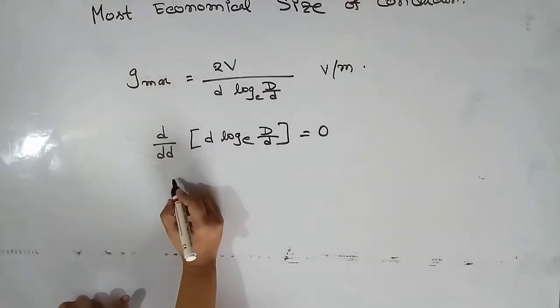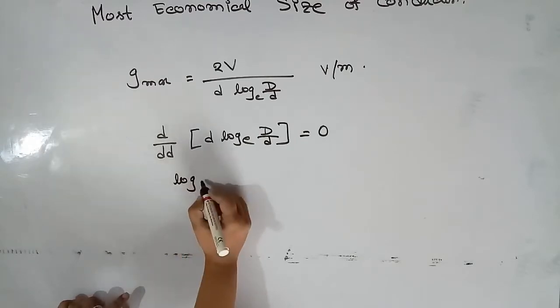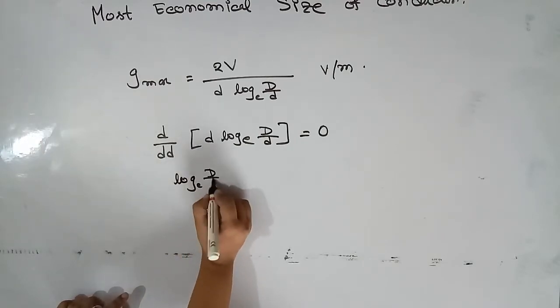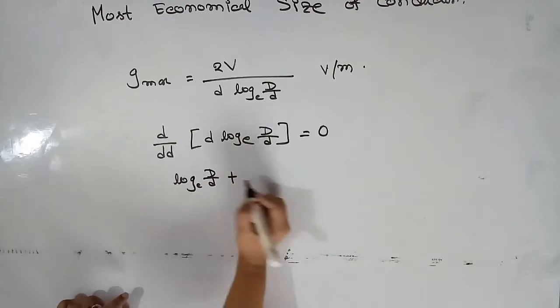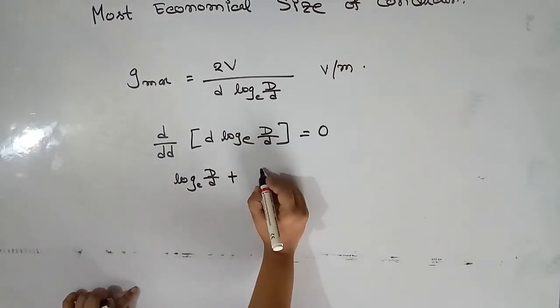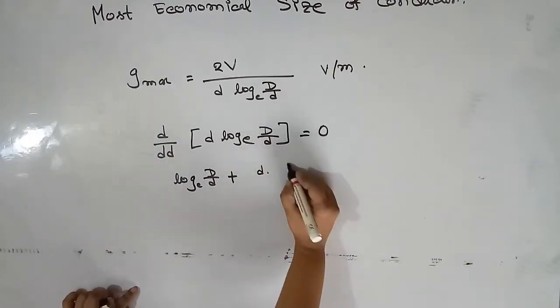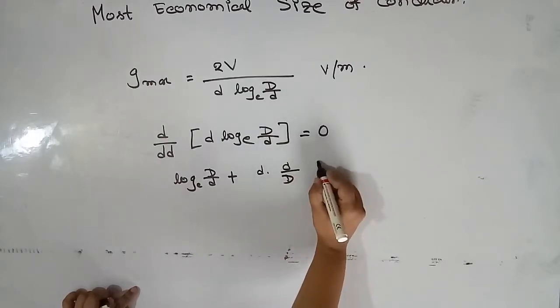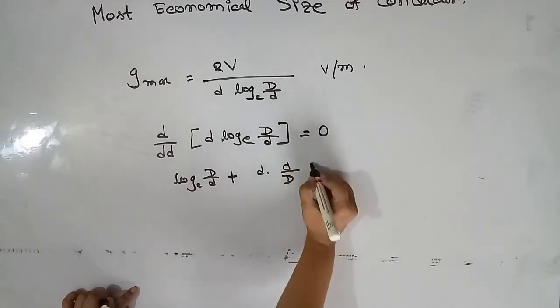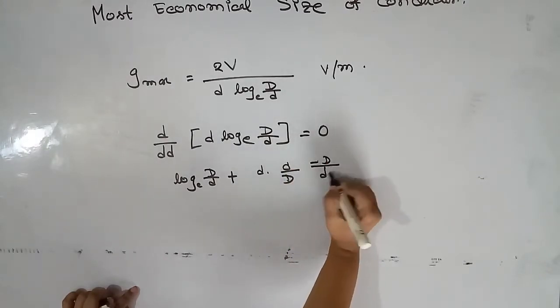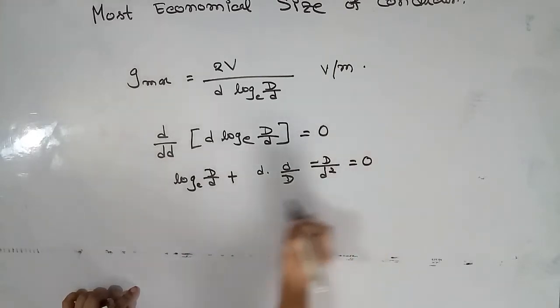So this is equals to log e D by d, because this is 1, plus d into d by D into minus D by d square equals to 0.